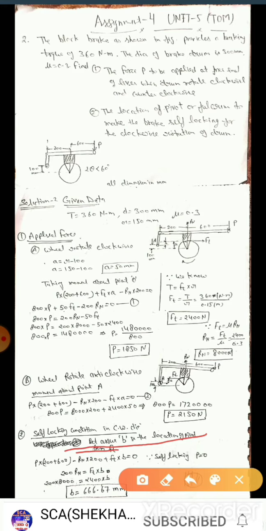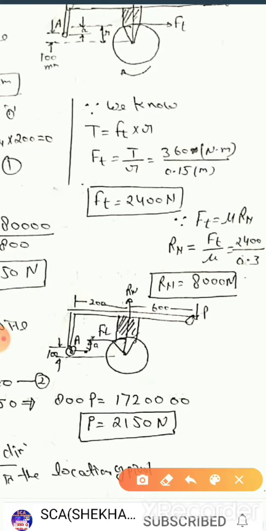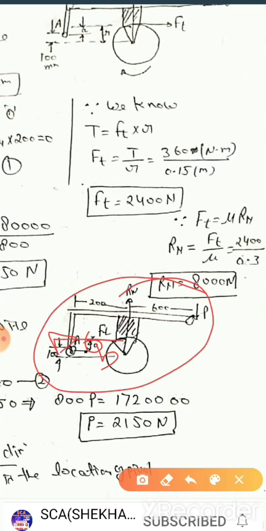So we assumed small a here. In the second case, the location of the fulcrum, we assume B. The conditions are similar, but here Ft is on the left-hand side because the wheel rotates anti-clockwise.